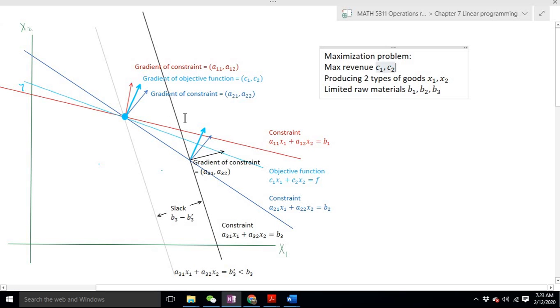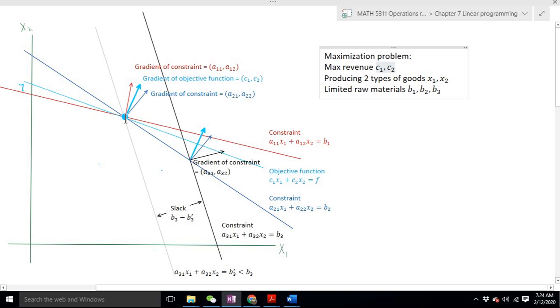The way you find the optimum is you slide this objective function line parallel to itself until you intersect this feasible region at the highest possible point. So this is the highest possible point. If I drew a parallel line through this point, it would be lower, and I would get less revenue.